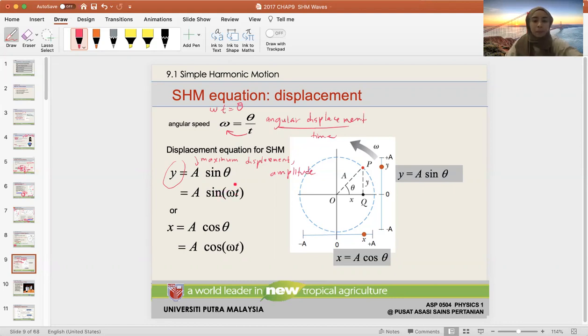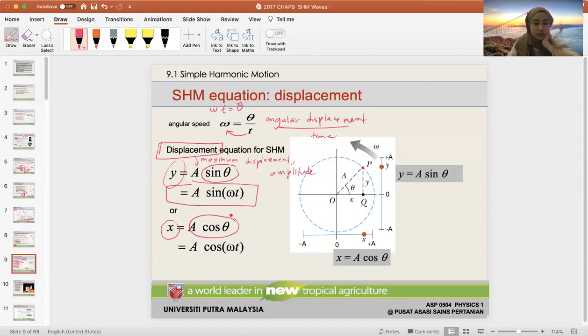Okay, but most of the time, you will use this equation, because they like to deal in angular speed. This is for y displacement. So y equals the maximum displacement or amplitude times sine theta. For x displacement, it's the amplitude times cosine theta.